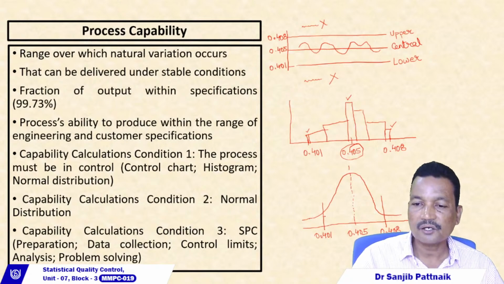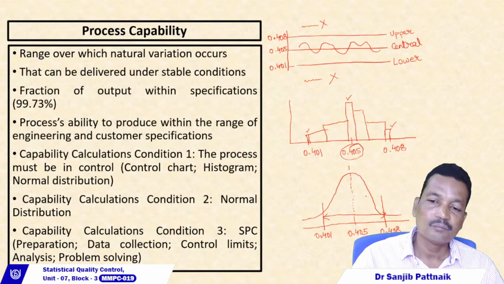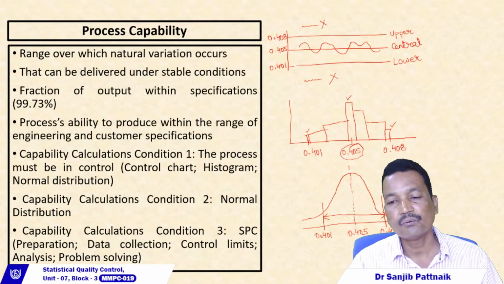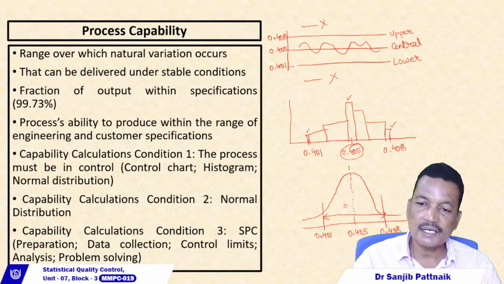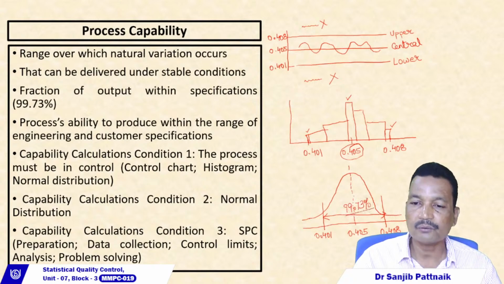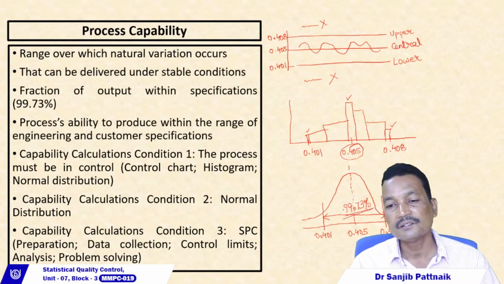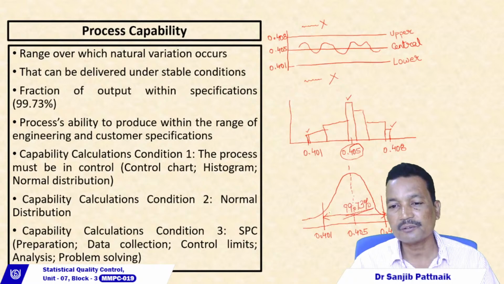And this curve only shows the probability of what we are producing and in which area it will fall. This should have 99.73% probability. Whatever we are producing should be falling in this particular range.